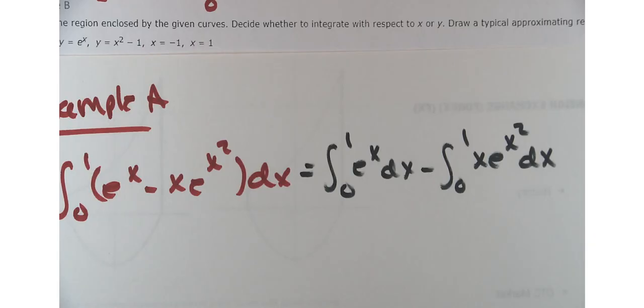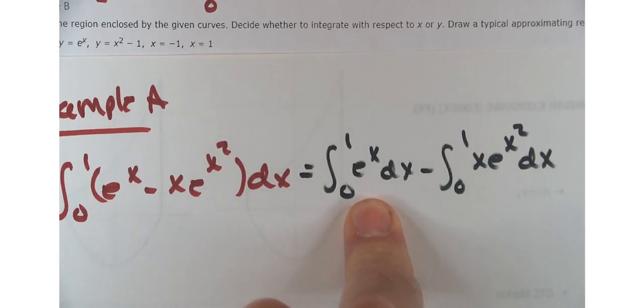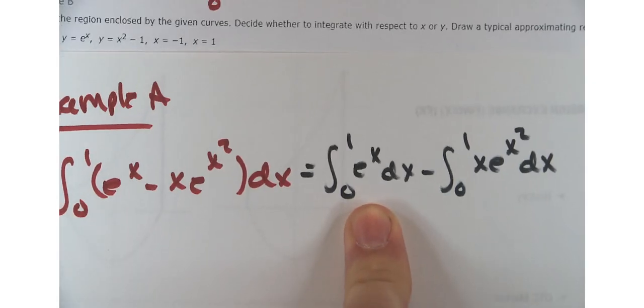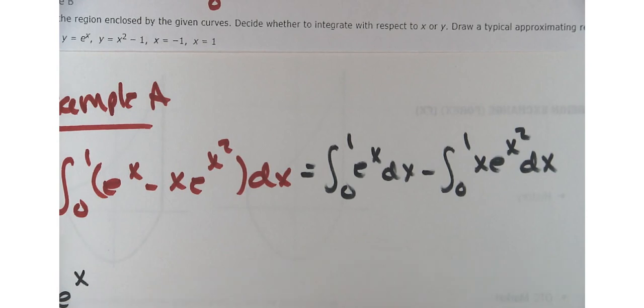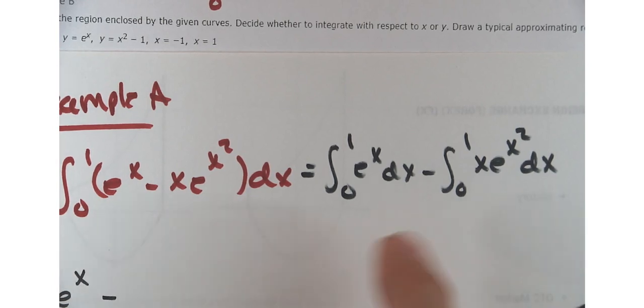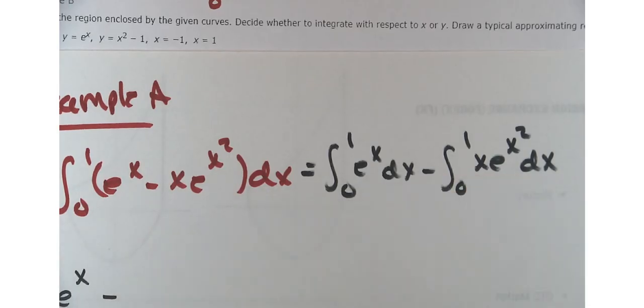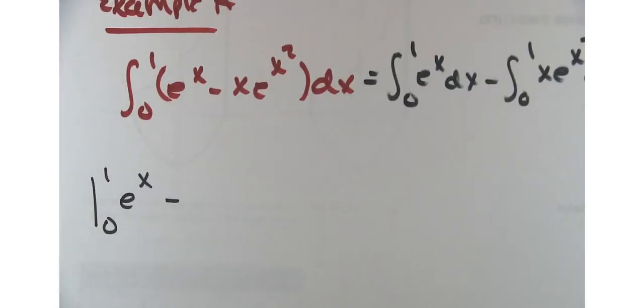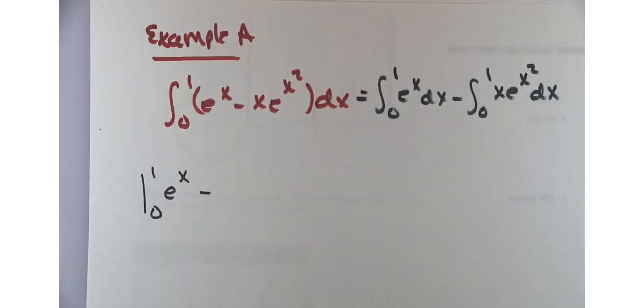Well, the fundamental theorem of calculus part 2 says we need to find an antiderivative for e to the x. What's that antiderivative? e to the x. That's kind of nice. So let's just do e to the x between 0 and 1 minus this thing, and that one's going to require some work. So let's see about doing some of the work on that.